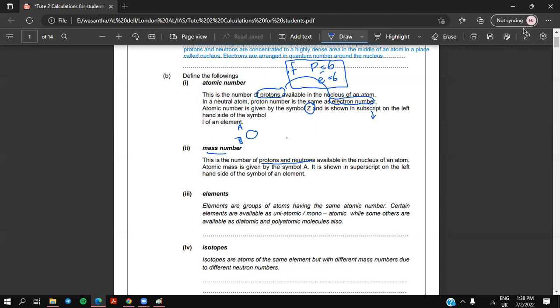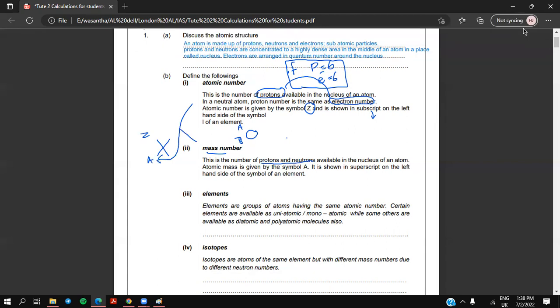You can write over here X, Z, A. So atomic number is here.